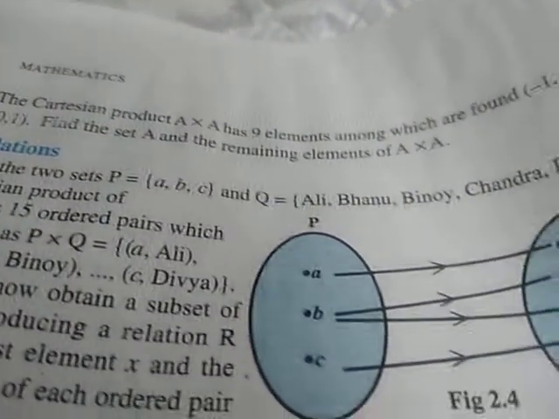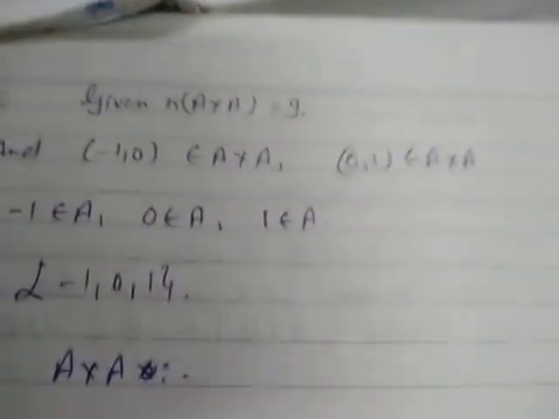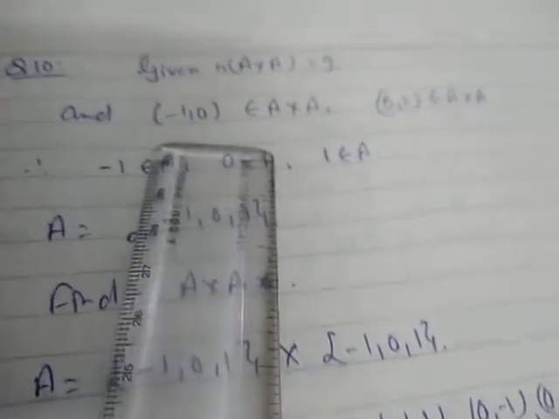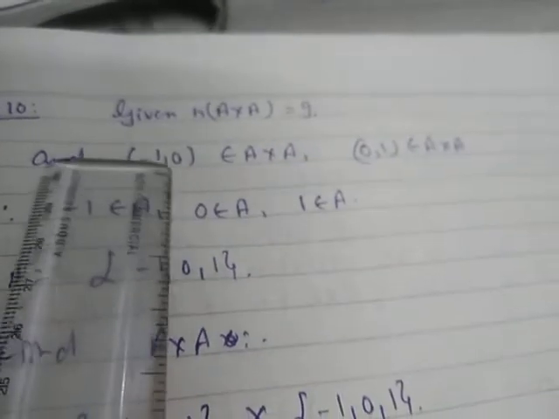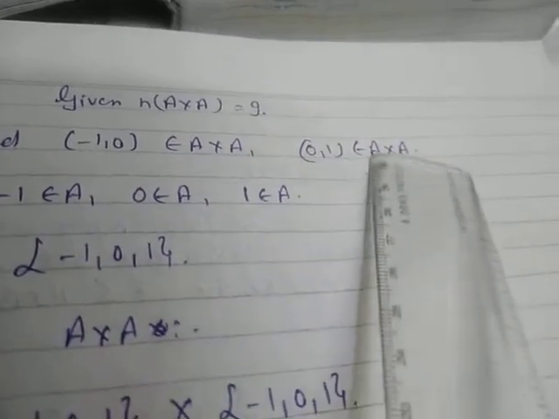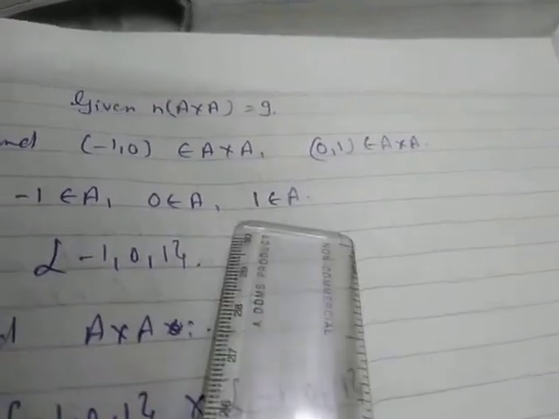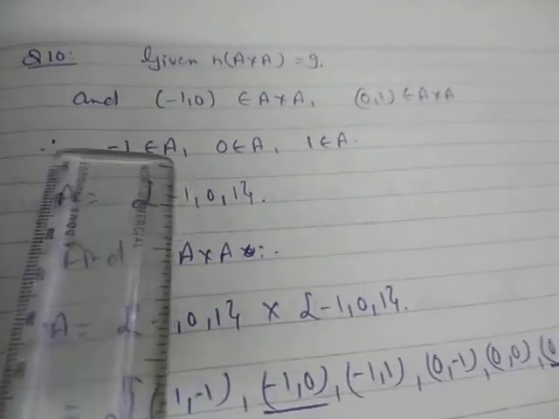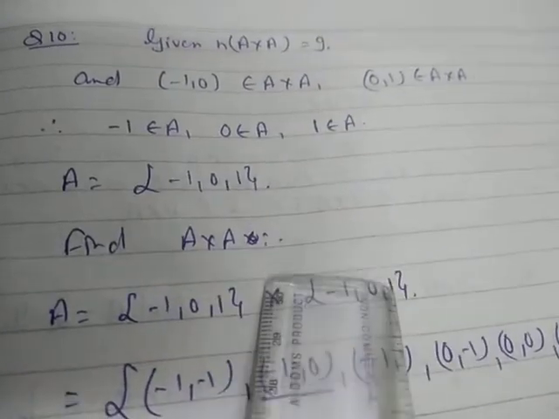Find the set A and the remaining elements of A cross A. Now since A cross A has 9 elements, A has 3 elements. (-1, 0) belongs to A cross A, that means -1 belongs to A and 0 belongs to A. And for the ordered pair (0, 1), 0 belongs to A and 1 belongs to A. That means the set A has 3 elements, -1, 0 and 1.